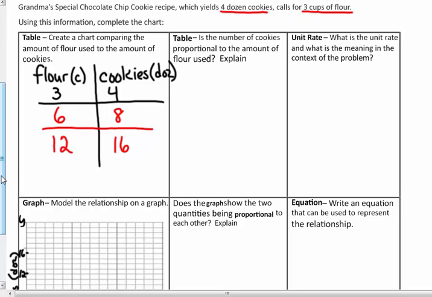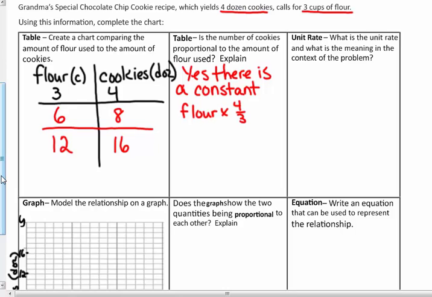Is the number of cookies proportional to the amount of flour used? Yes. There is a constant unit rate. Because if I take flour times 4/3, it will give me cookies.